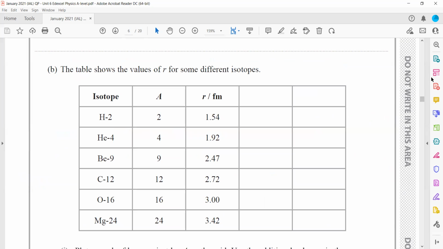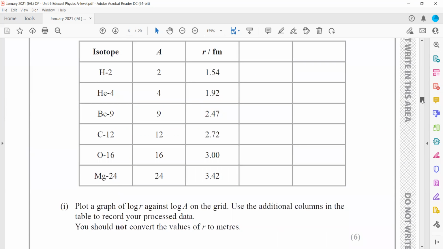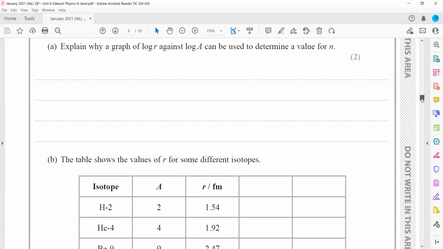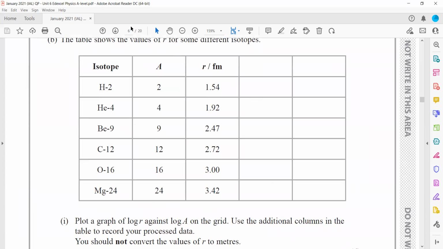Next, the table shows the value of R for some different isotopes. Plot a graph of log R and log A, and use an additional column in the table for your projection. One more thing: a common mistake students make is not checking the units.